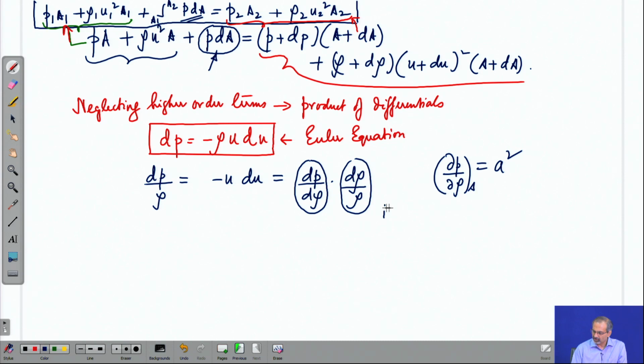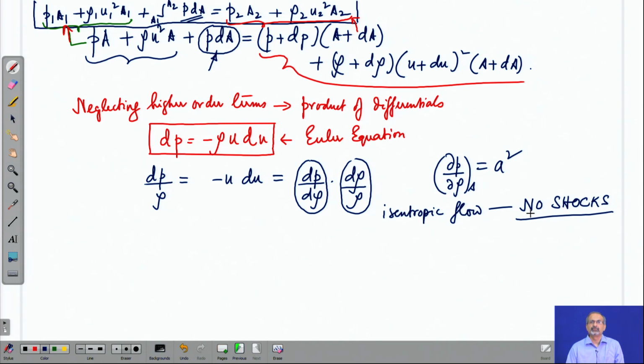Are we having an isentropic flow here? Yes, if we are not dealing with shocks. So, for now we will have no shocks. We do not want to deal with shocks immediately. We are talking about an isentropic flow through the nozzle. In that case, we can rewrite this as a square d rho by rho. So, what do we have finally?